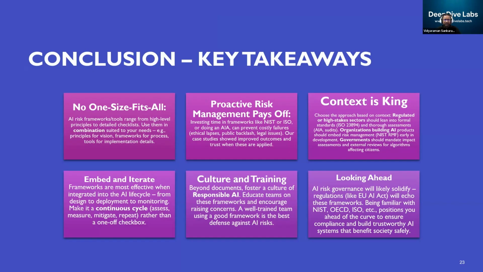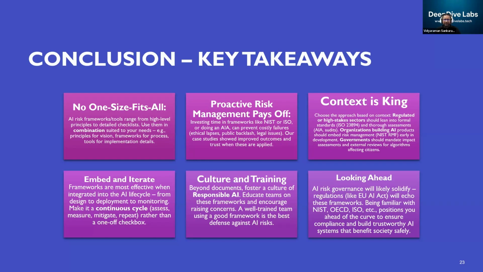If you are in a high stakes position that your scenario is going to be addressing, proactive risk management will definitely pay off. Context is king, so figure out what particular framework is meaningful for you, and even within the framework, figure out what kind of requirements are meaningful as well.